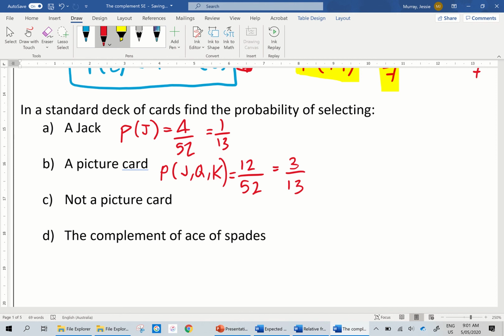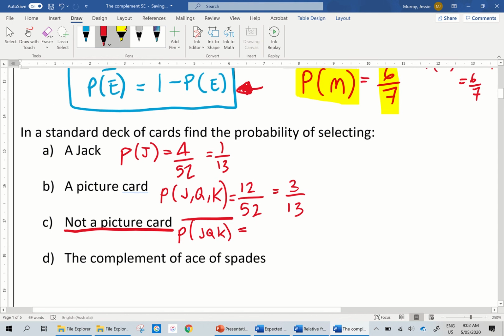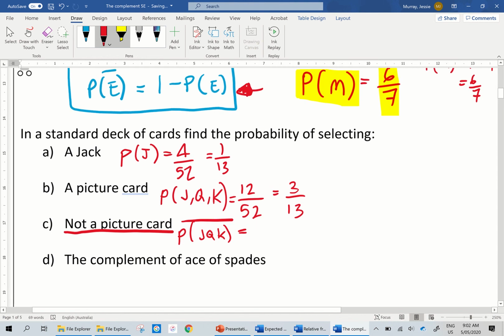Okay, so now we have a picture card, not a picture card. So that's really just the probability of not getting a jack, queen, or king. That's the complement, because we're saying we've got a picture card and then not a picture card. So it's the complement of getting a picture card. Now this is a cool trick. What would it be? Every other card in the deck.